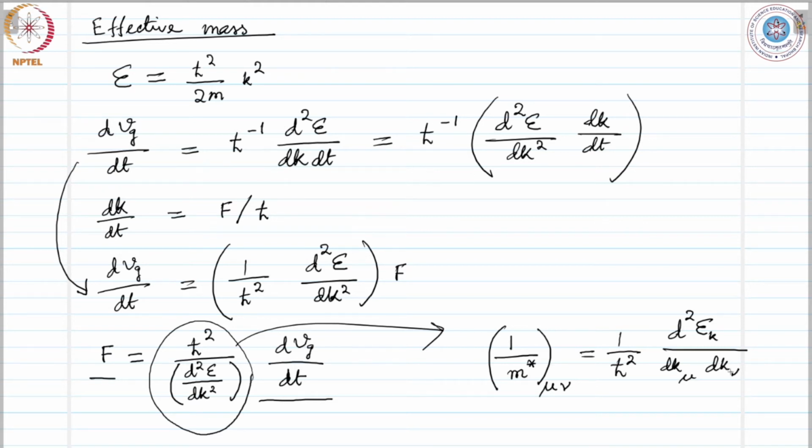This is because along different directions the effective mass in general could be different. Therefore, we need to write it in a tensor form, although for a perfect crystal the effective mass may be a scalar quantity as well, but in general it is a tensor.